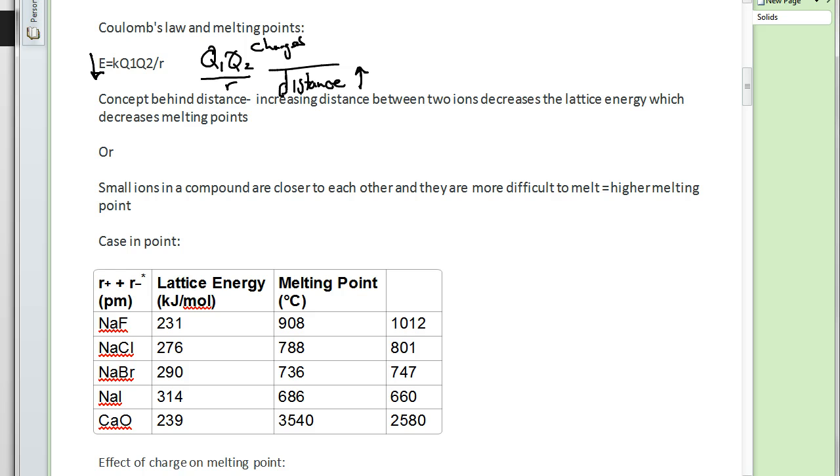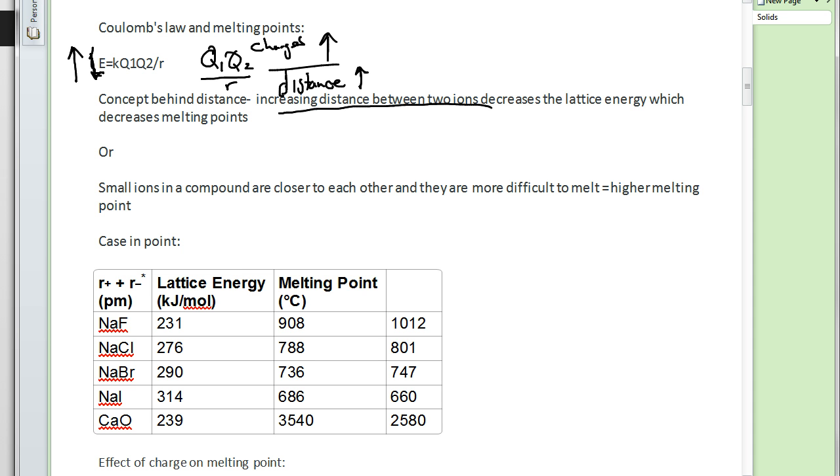If we were to increase the charge between two atoms, we would increase the lattice energy according to Coulomb's law. The concept behind this is that it also governs melting points of solids. If we increase the distance between two ions, we decrease the lattice energy, which is going to decrease our melting points.